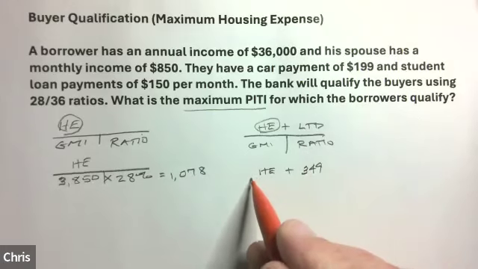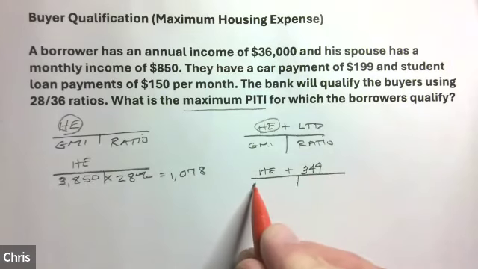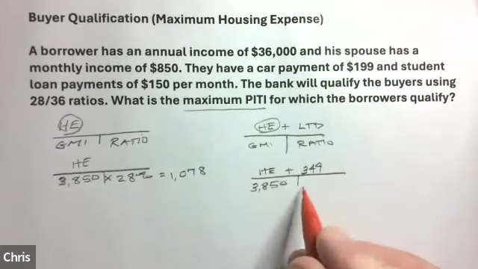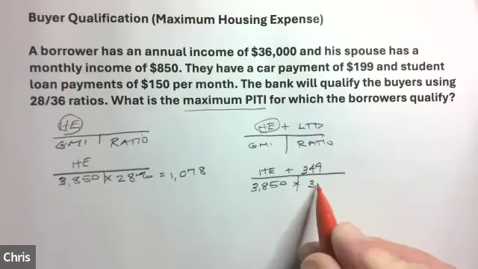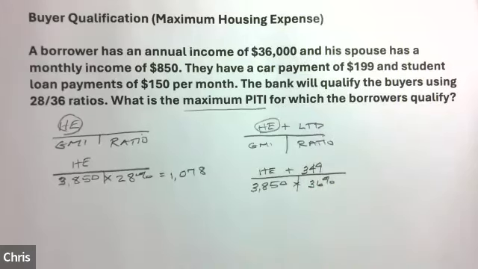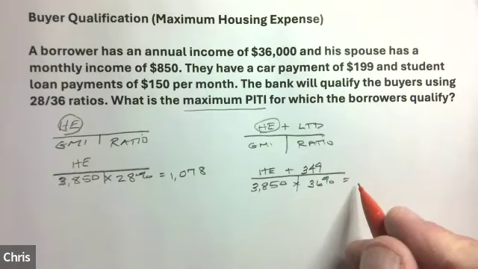Okay, so let's finish the back end down here. We now know their monthly income is 3850, that stays consistent. Now the back end ratio is going to be a little bit higher to allow for all debt, 36%. So let me remind you, this is the only tricky part of this problem. 3850 times 0.36 is 1386.